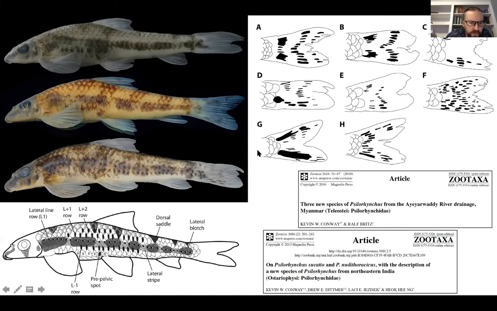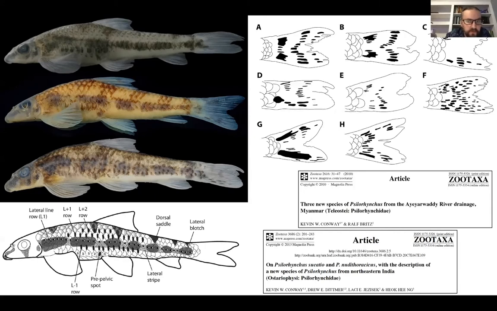So what I mean by that is that I was able to divide up the different components of the color pattern into dorsal saddles, lateral blotches, small rows of dots that were present on the scales and that were quite consistent in their location. And this is not something that I was the first to do.